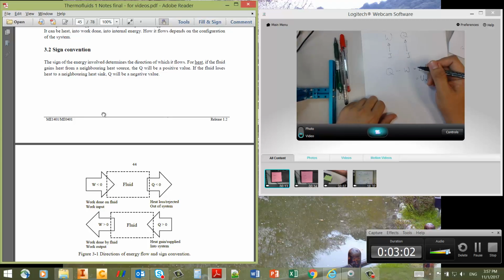Depending on whether it is a loss or a gain, whether it is an input or output, the sign will change.